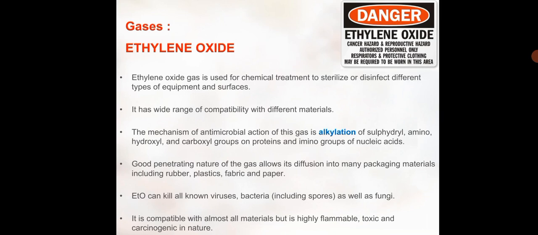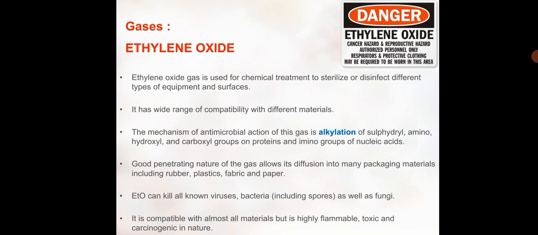Ethylene oxide gas is used for chemical treatment to sterilize or disinfect different types of equipment and surfaces. It has a wide range of compatibility with different materials. The mechanism of antimicrobial action of this gas is alkylation of sulfhydryl, amino, hydroxyl and carboxyl groups on proteins and amino groups in nucleic acids.